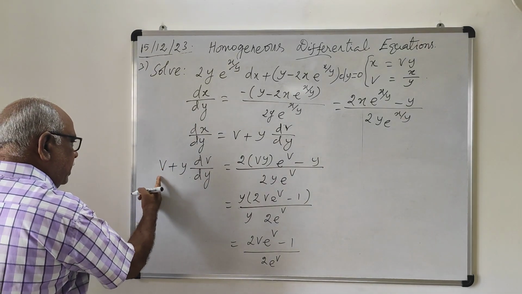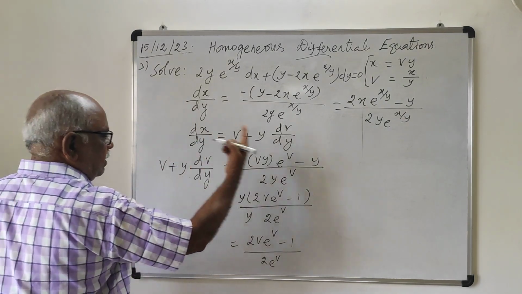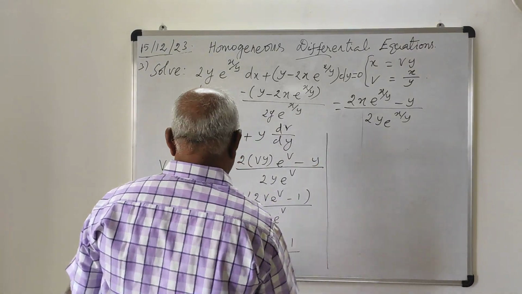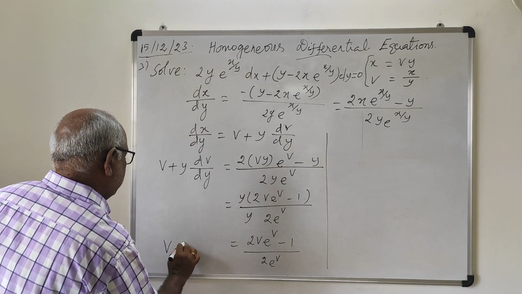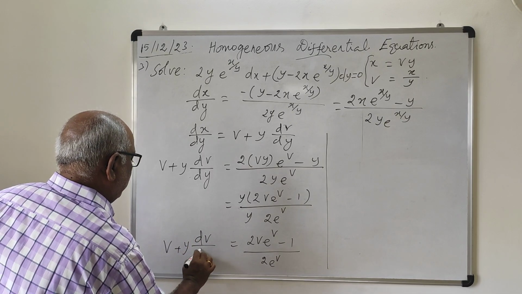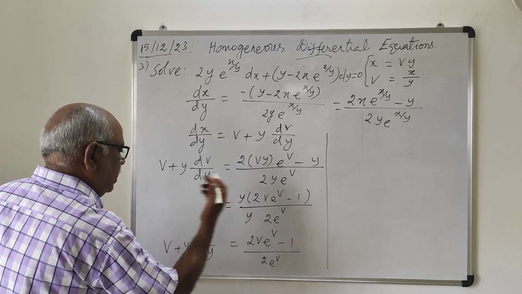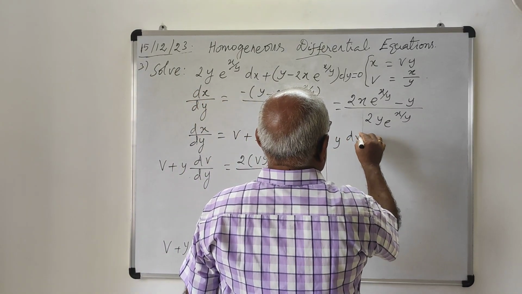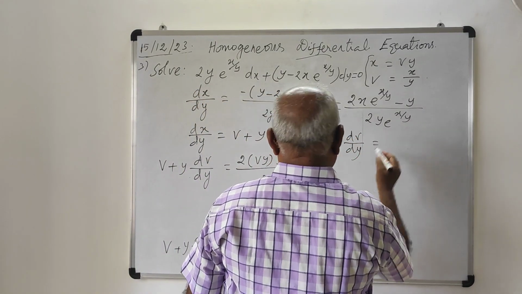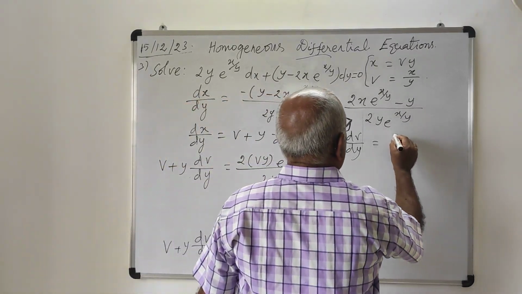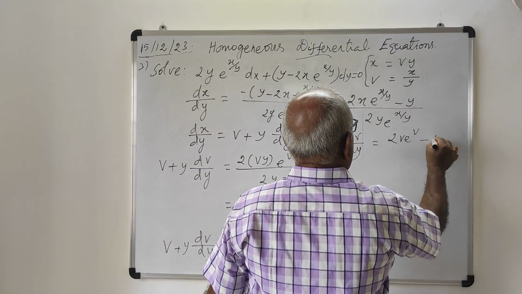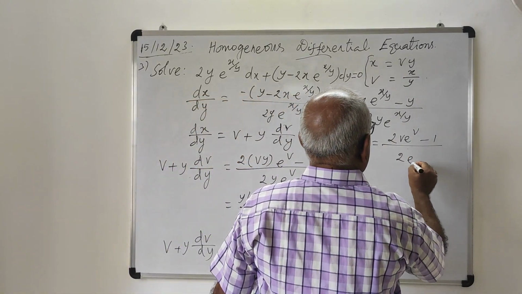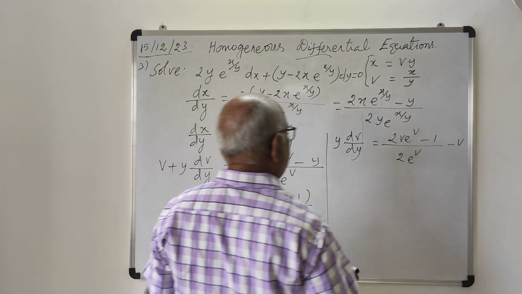Now you take that v to the right hand side. Here you have v plus y dv by dy. You bring this v to the right hand side, you will get y into dv by dy equal to 2v e power v minus 1 by 2 e power v, minus v.